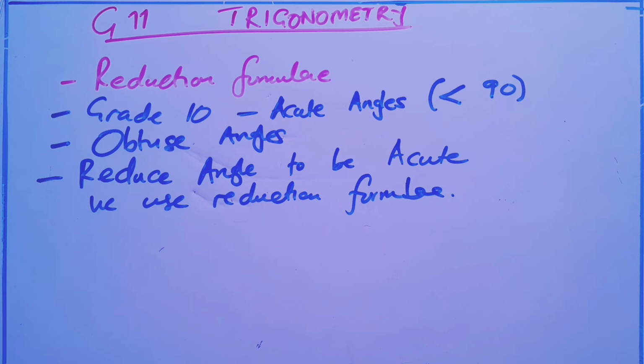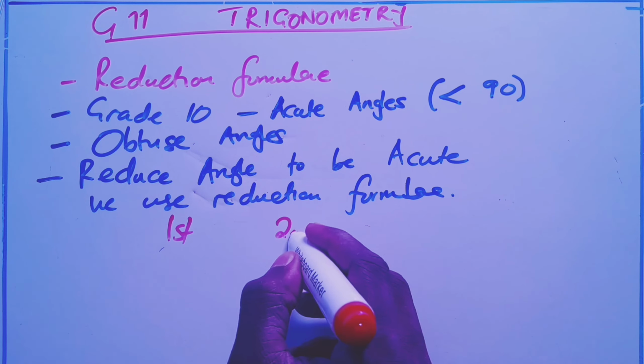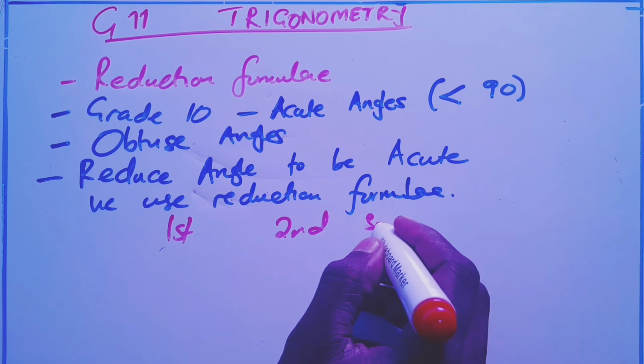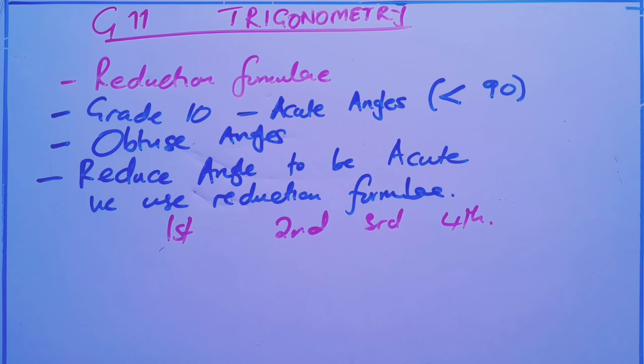It remains the same, right? So we have reduction formulas in the first quadrant, in the second, in the third, and in the fourth quadrant, right? So I'm going to show you how we can use these reduction formulas.